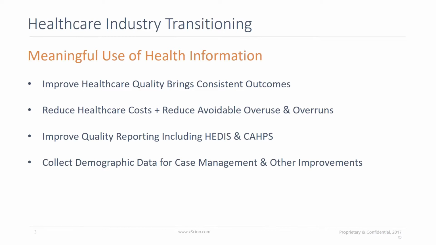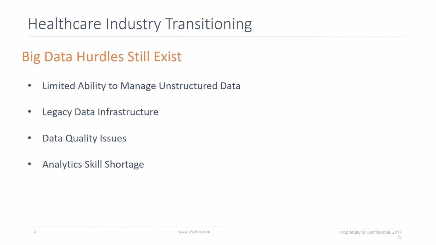The healthcare industry is looking to solve a lot of challenges. As we look to improve healthcare quality, reduce cost, improve quality reporting, and collect demographic data, new technology can definitely drive a lot of these things, but there are challenges in the payer space.